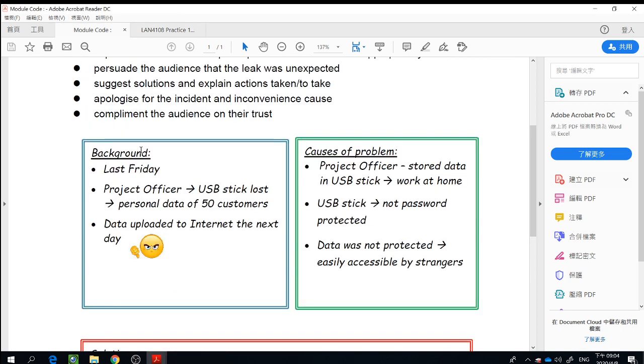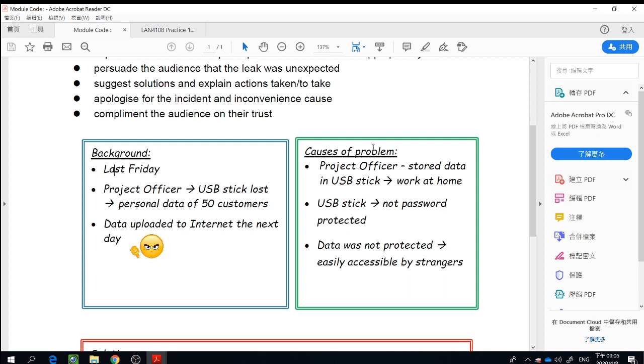You may say, let's start with the background. Last Friday, a project officer found that he lost the USB stick on the way home. You can make it by yourself. And he found that all personal data of 50 customers were lost, and the data was just uploaded to the internet the next day. This is the background of the case.